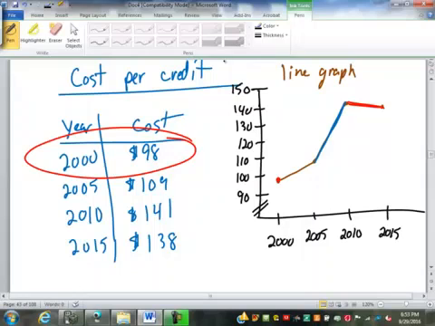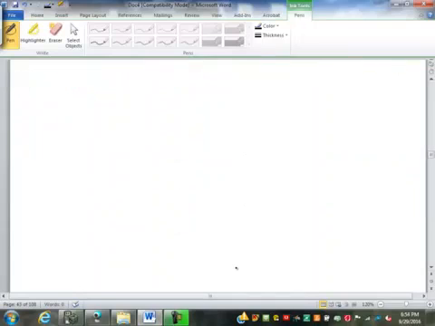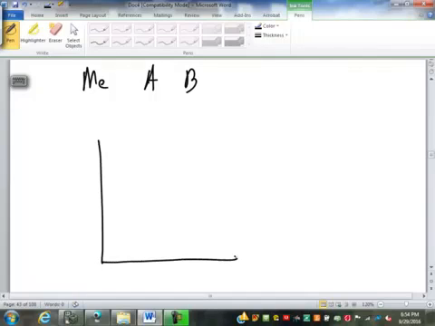Okay, so I said something about this little thing here being bad. One of the things in statistics is that statistics gets used a lot in an attempt to deceive. If I am a company and I'm trying to prove to you that my company is better than my competition, so I'm going to have me, and then competitor A and competitor B. I'm going to make this graph that shows sales.